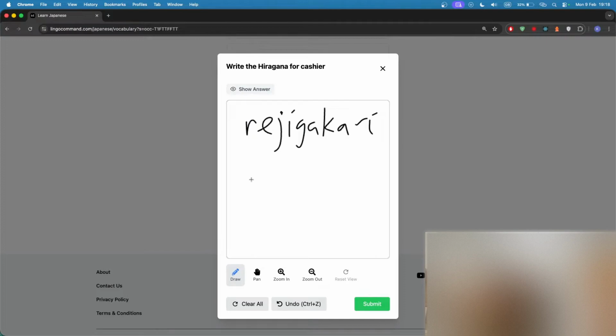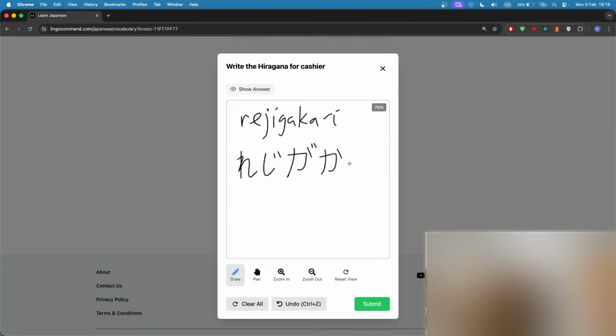So let's write that. So re in hiragana is that. This is shi. You apply dakuten, it becomes ji. This is ka. Now it's ga with dakuten on top. Then you just gotta write it again. Rejigaka.